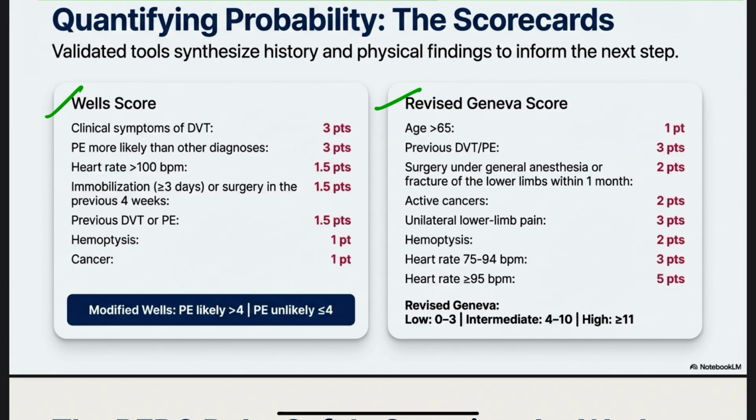Or you go with the revised Geneva score. It also includes age, which was not there in Wells. So age is a new thing. Prior DVT or PE, and new things are surgery under general anesthesia or a fracture of the lower limb within 1 month, which is also added as a high risk factor. And active cancer, unilateral lower limb pain, that is DVT symptoms, hemoptysis, and one more important thing, heart rate 75 to 94 is also considered here and given 3 points, but heart rate more than 95 is given 5 points.